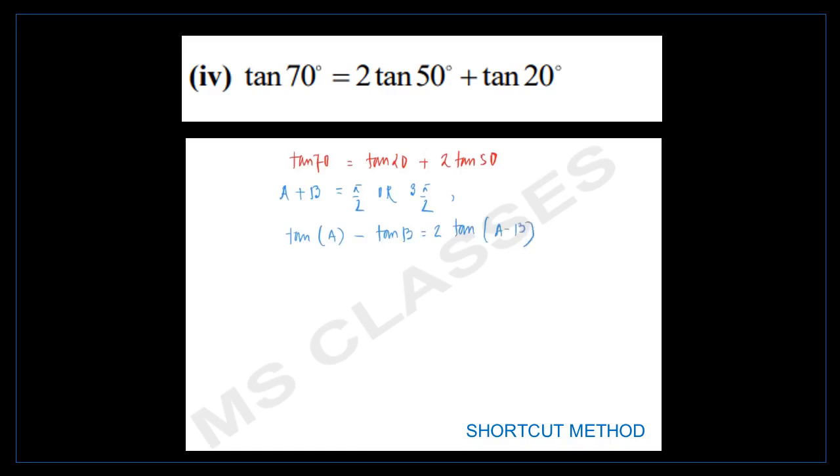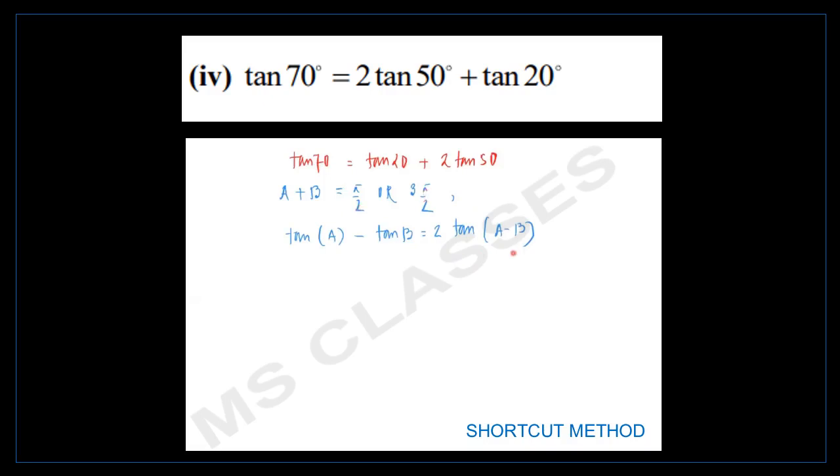But here we are understanding another shortcut technique, that by seeing this sum, how can we say what will be the result. A plus B, here A is this one, B is this one. If A plus B is 90 degrees or 3π/2, always this is true.